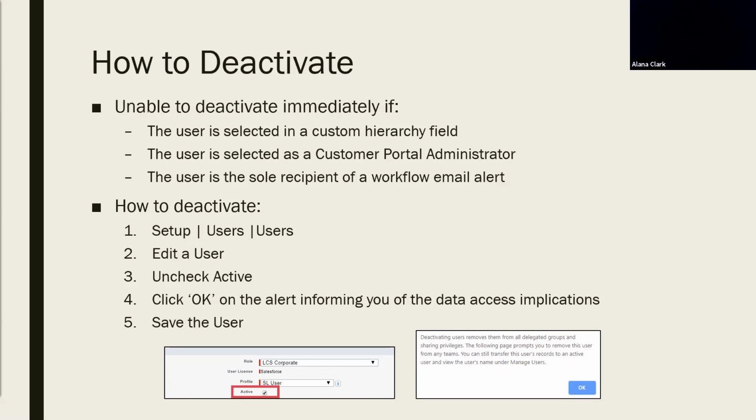Instead, you could freeze them, resolve these issues, and then go in and deactivate them. But once you're ready to deactivate, you simply edit the user, uncheck active. You're going to get an alert just informing you that you understand the implications of this, such as they're not going to be able to access data, and that you may consider transferring the records that they currently own. And after you uncheck active, then you can save.